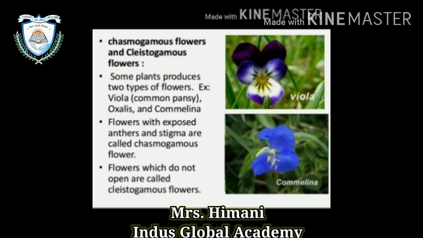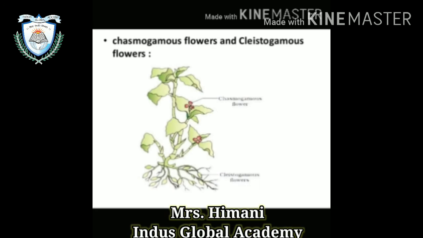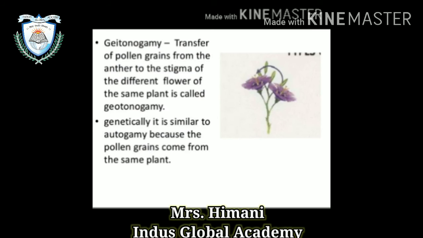Flowers with exposed anther and stigma are called chasmogamous flowers, and the flowers which do not open at all are known as cleistogamous flowers. Don't confuse them. The lower side is the cleistogamous flower which does not open, and the upper side is the chasmogamous flower.